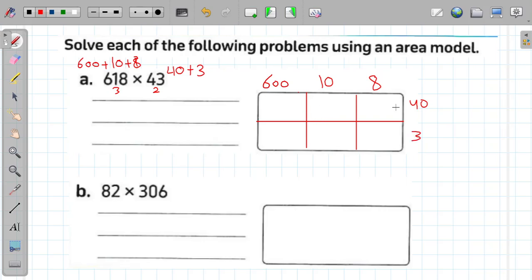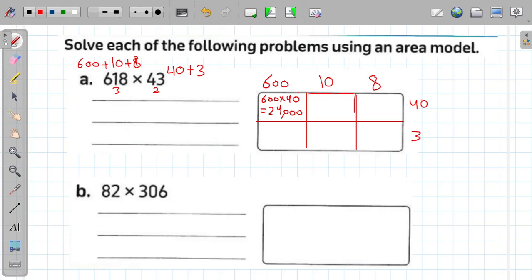So first I will multiply 600 times 40. So the result will be 4 by 6 equals 24. And here I have 3 zeros. So the result will be 24,000.